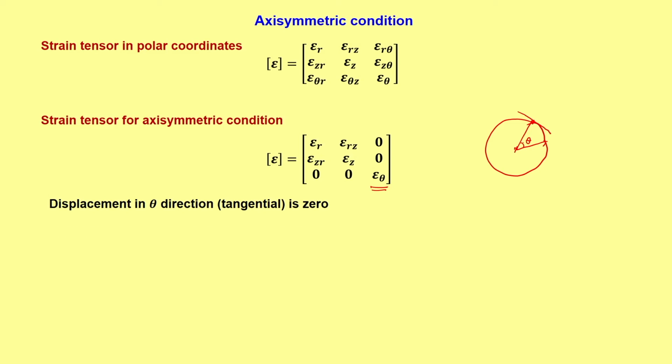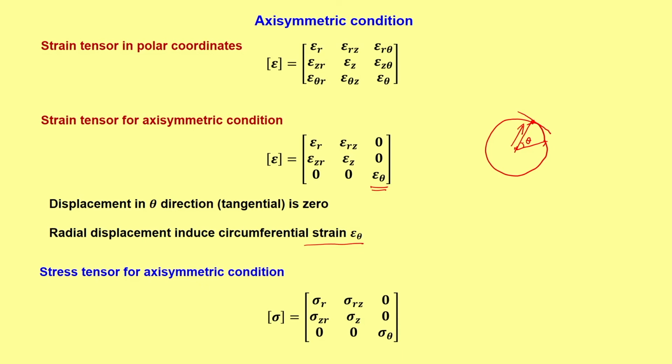Epsilon theta is non-zero because it gets a component from some other axis. For example, radial displacement induces circumferential strain epsilon theta. Epsilon theta is the circumferential strain. The vertical component will not induce any circumferential strain, but radial displacement, that is displacement in this direction, can induce epsilon theta or circumferential strain. That is why epsilon theta is present.